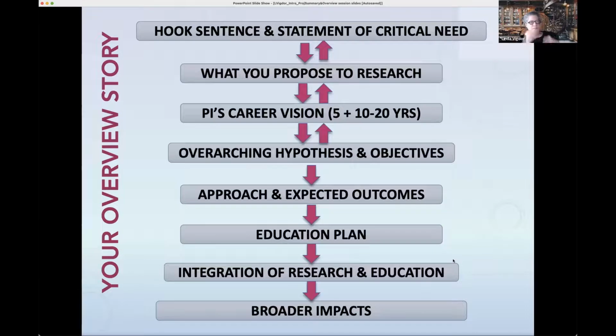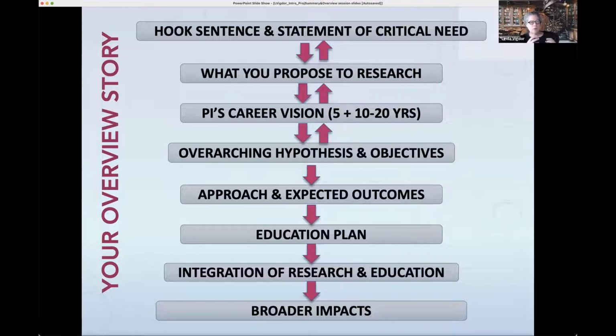This is a visual of the kinds of information that would go into the overview of the 15-page project description. It is highly recommended that you start with a really captivating hook sentence and a statement of why this research is needed. And then tell us, the reviewers, what you propose to research.